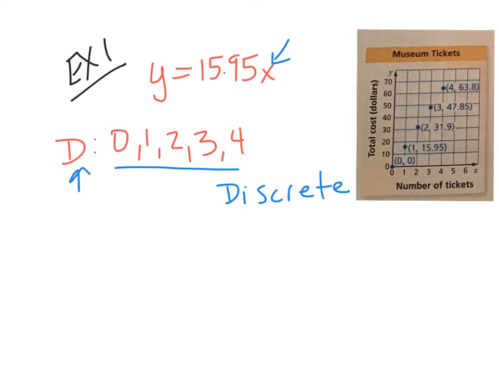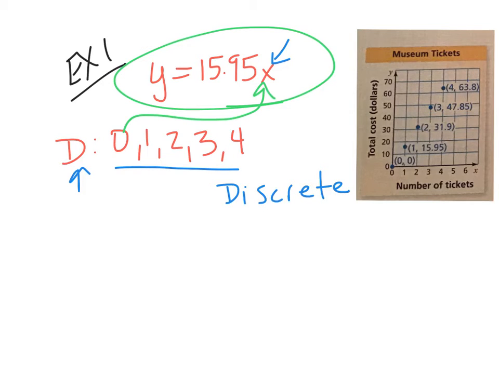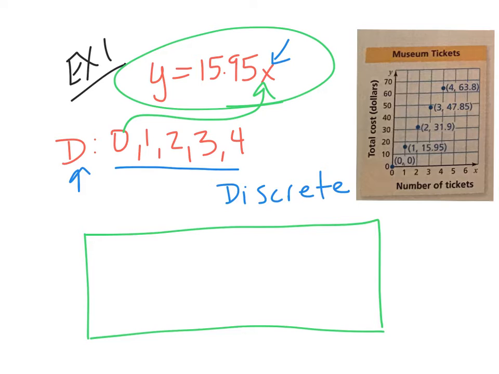And the way to graph this is to plot ordered pairs. So you're going to use this function. You're going to plug in each of these input values where x is. And the easy way to do it is make a chart. If this chart's big enough, we'll see. So when the x value is worth that amount, the y value is worth this amount.